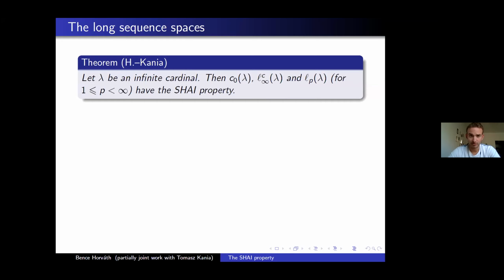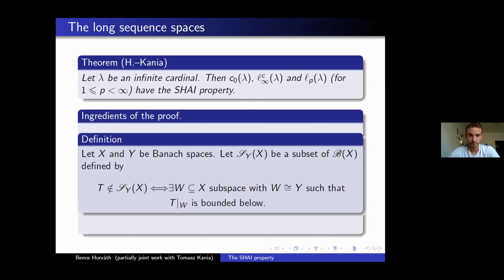I would like to go through some of the steps of how the proof of this result goes, to give you a flavor, but that will involve telling you a bit of background material. I would like to define what the Y singular operators are on a Banach space X. So if X and Y are Banach spaces, then this subset is defined.